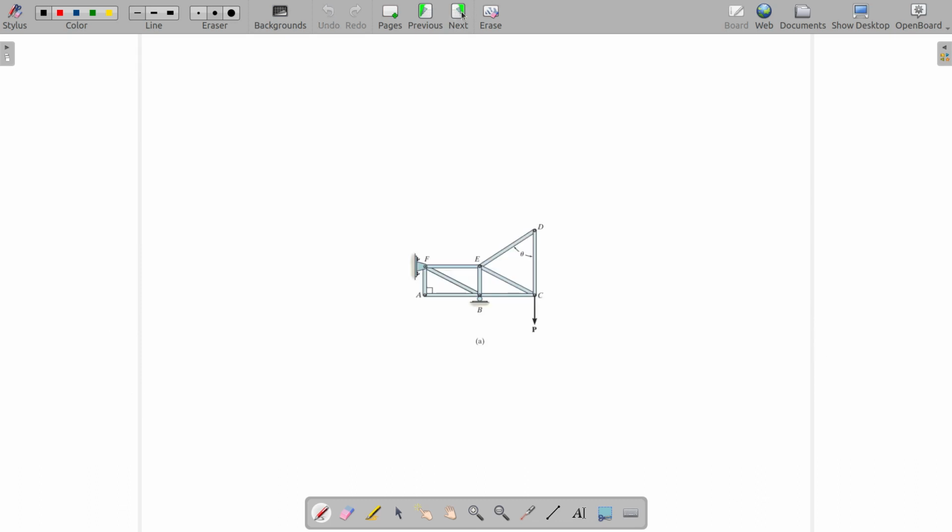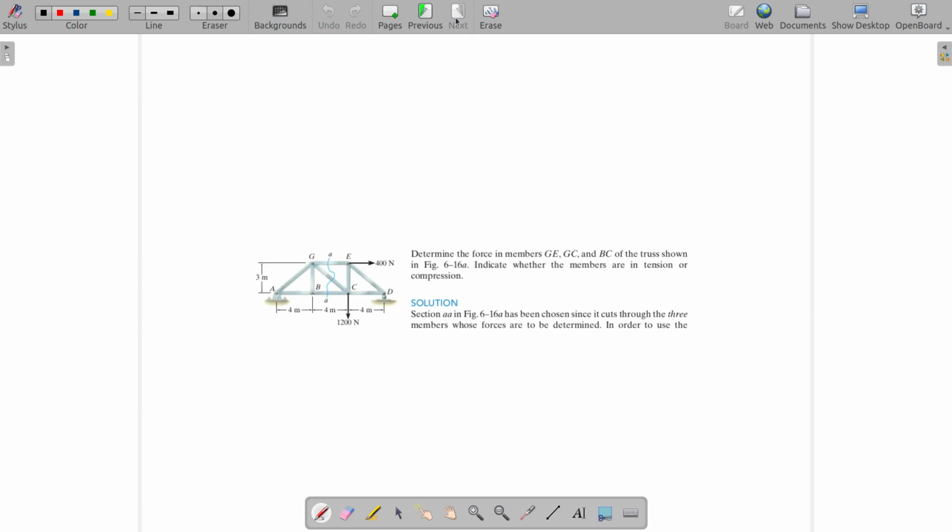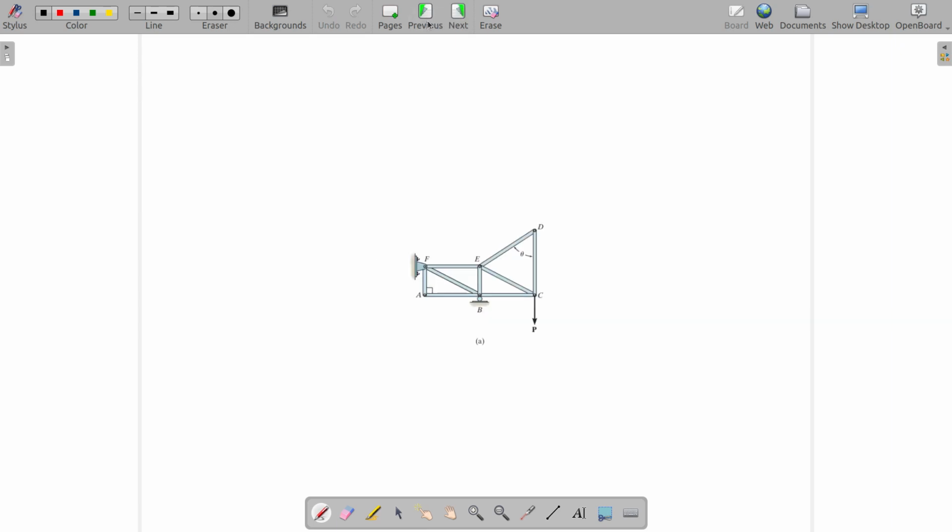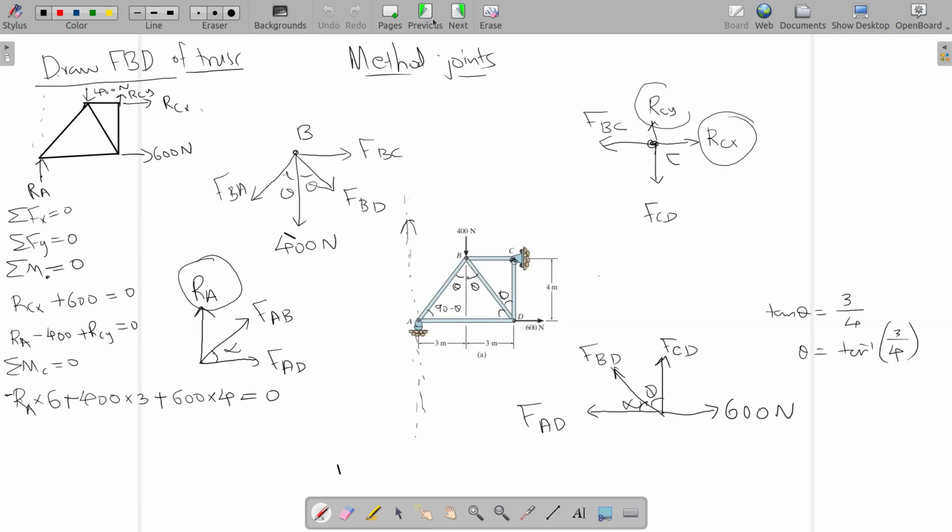So remember the steps. First step, take the truss system as a whole and find support reactions. Second step, find member forces.